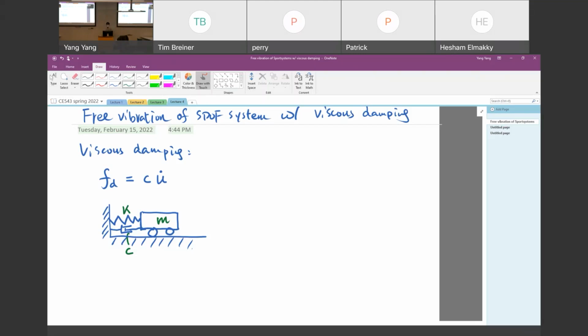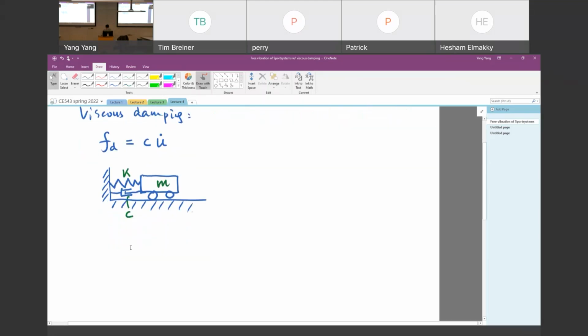The oil comes with very high viscosity, so that when the mass moves backwards and forwards, the oil will provide some resistance. So that's how we model the damping.